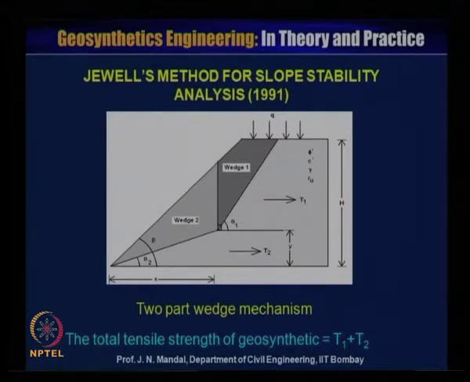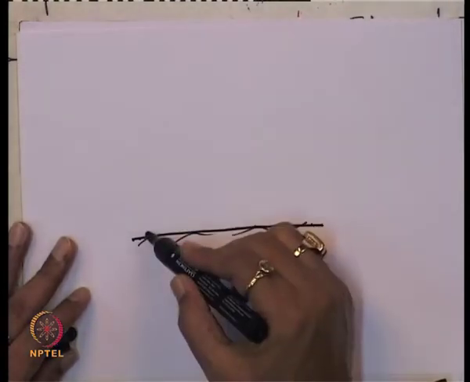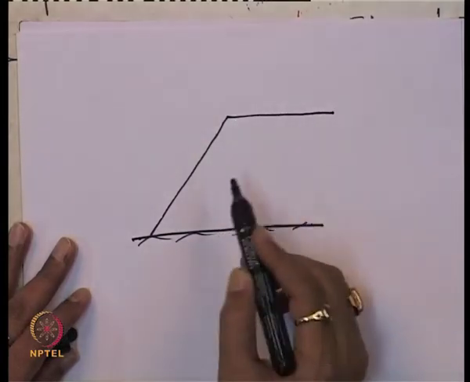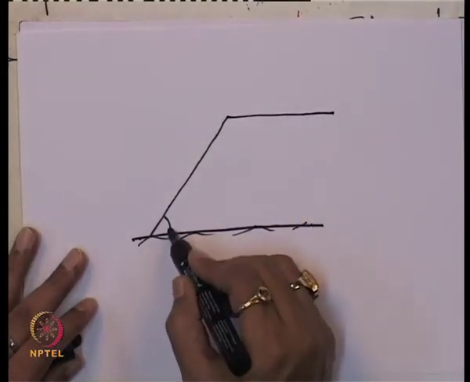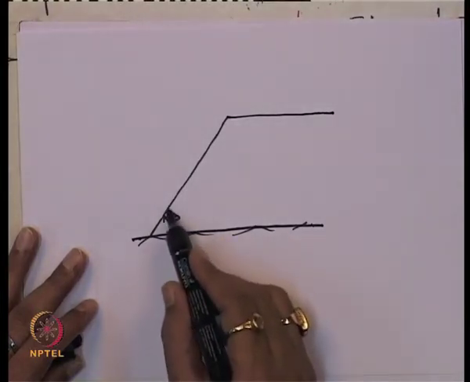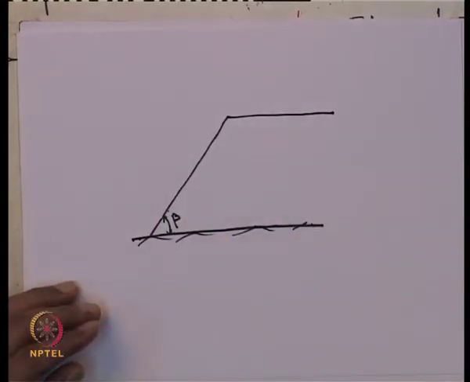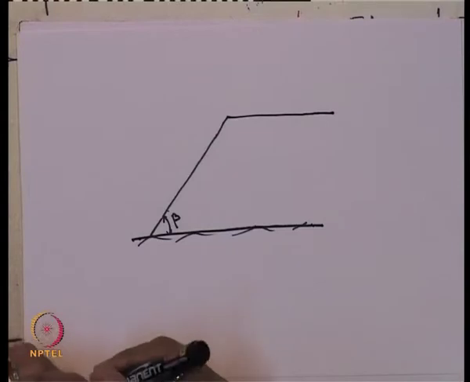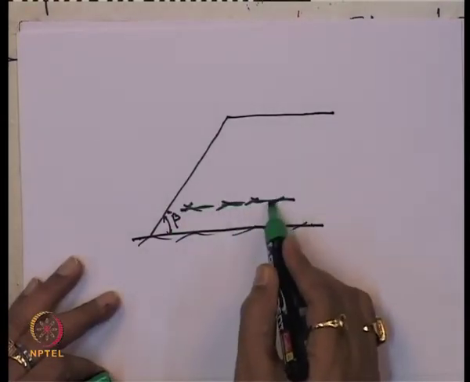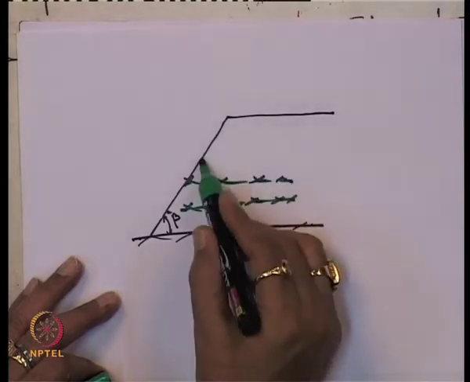So, if we draw a slope, and this is the steep slope, which is making an angle beta, you can place a number of layers of reinforcement.